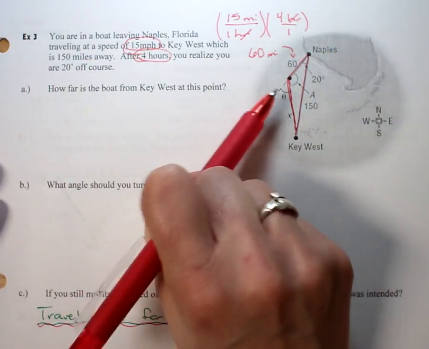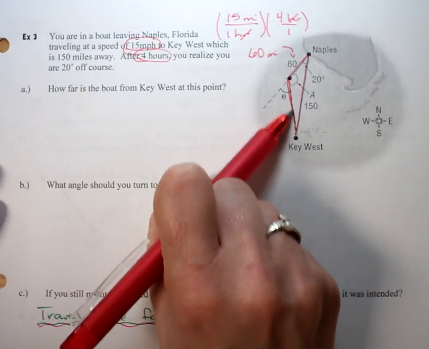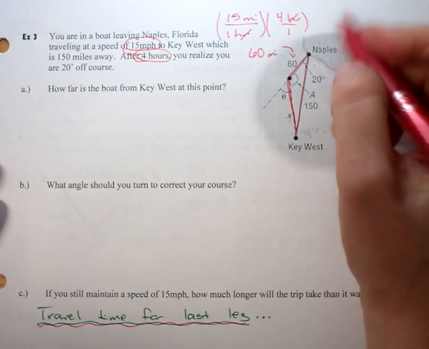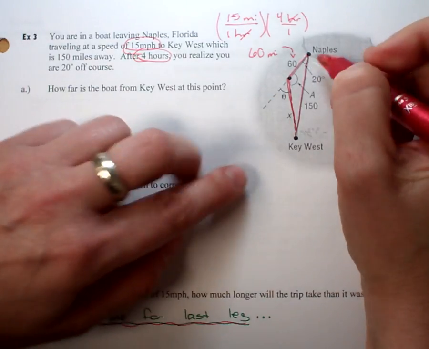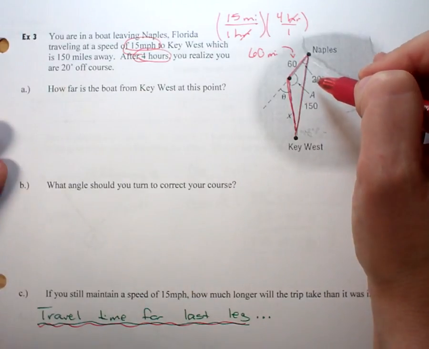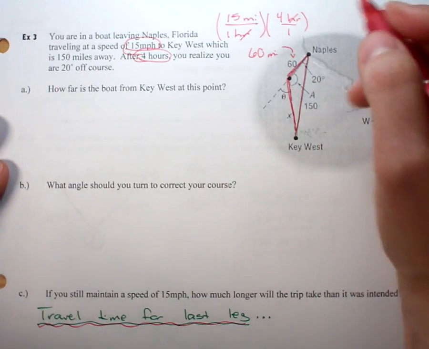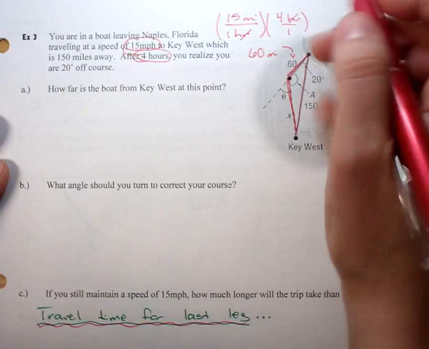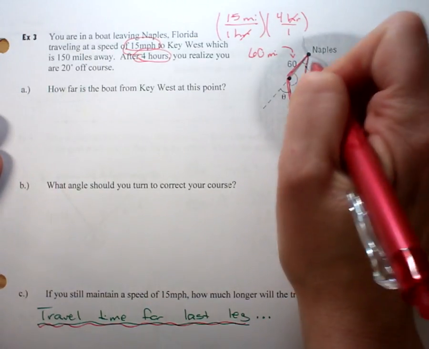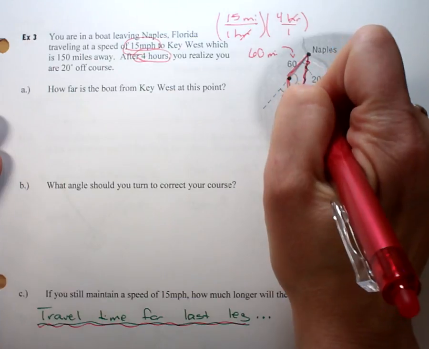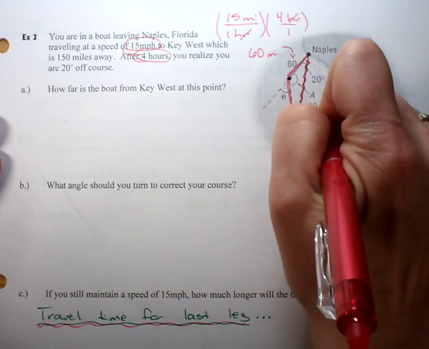So the first thing that we're going to do to solve for our x is use our piece fingers on this, our 60 miles here, our 150, sorry, let me make sure that you know this, it's this distance right here, that's 150 miles.